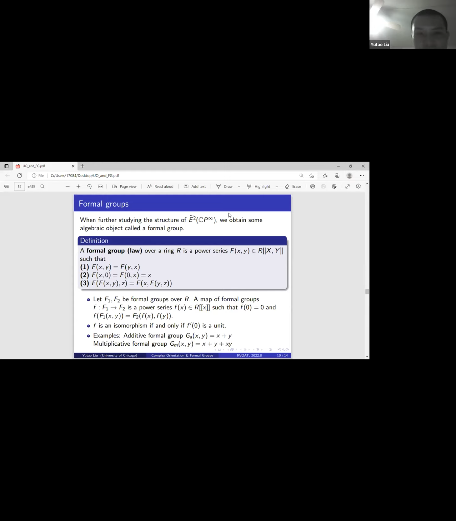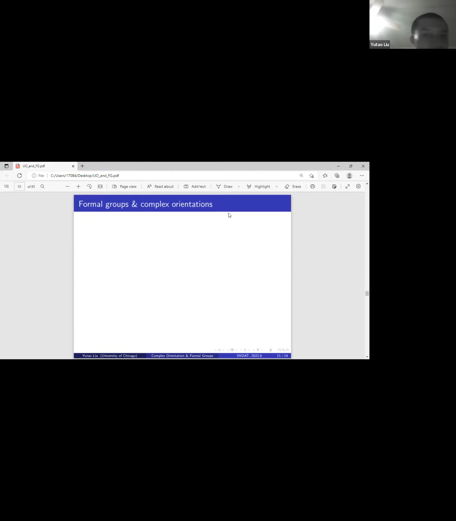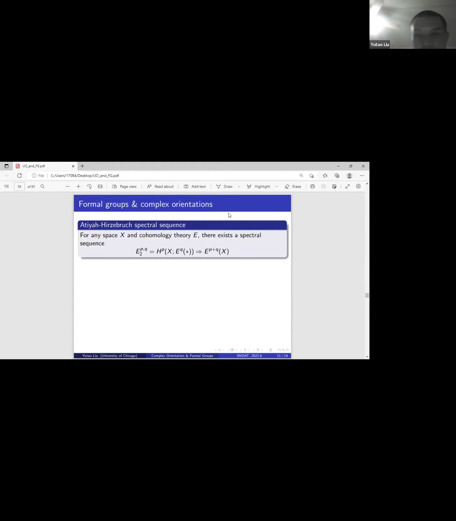So if you come back to complex orientable cohomology theories, if you want to study the E-cohomology of CP infinity, you will have something which looks like a formal group. The idea to compute the E-cohomology of CP infinity is the application of the Atiyah-Hirzebruch spectral sequence. If you haven't seen any spectral sequences before, you can just view this as a machine in a black box.